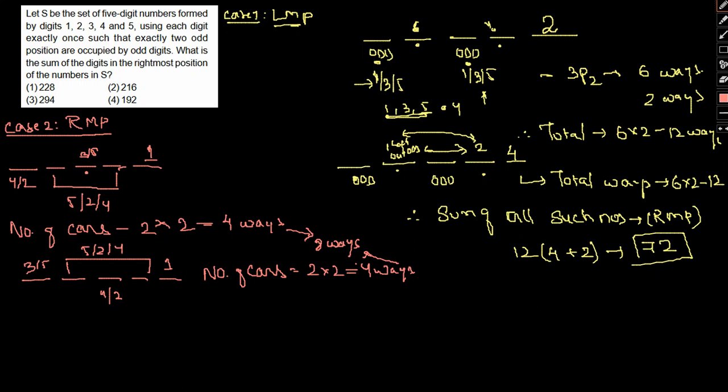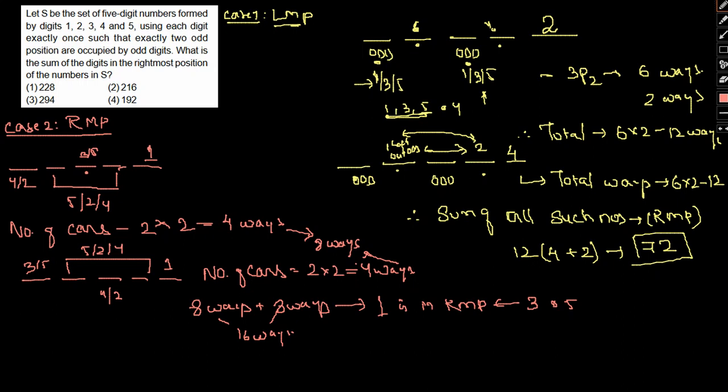So in total there will be 8 ways plus 8 ways in which 1 is in the rightmost position. Okay, so a similar case will be for 3 and 5 as well. Okay, so in all these cases we have 8 plus 8, that is 16 ways for each of 1, 3 and 5.